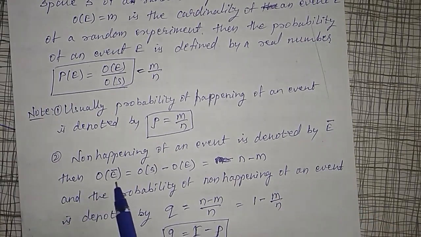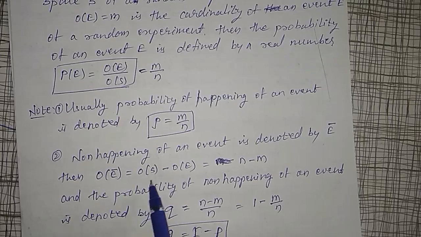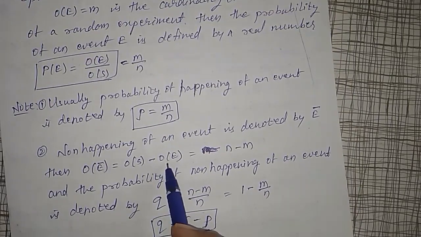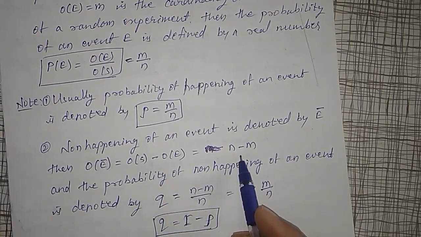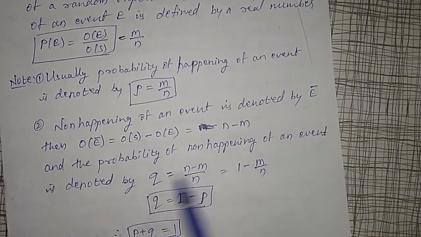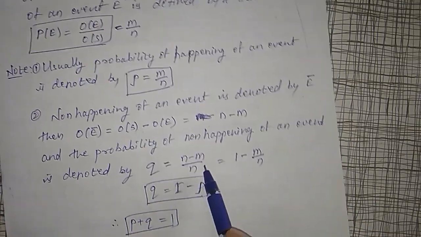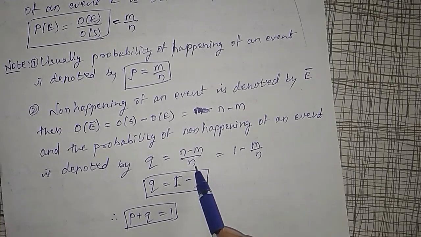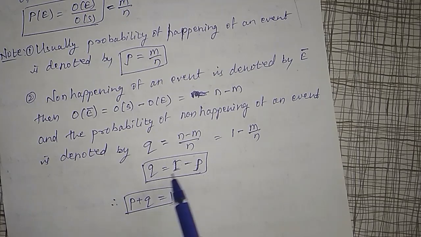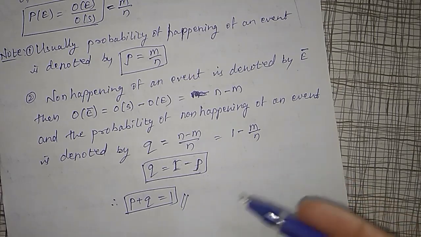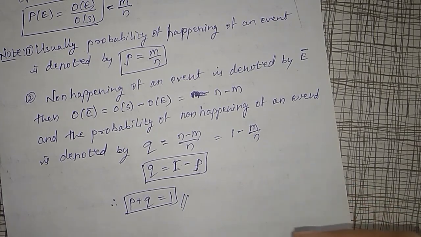Then order of E bar is equal to, we know that, order of S minus order of E, that is n minus m. And the probability of non-happening of an event is usually denoted by q, that is n minus m divided by n, that is 1 minus p. Therefore q is equal to 1 minus p, therefore p plus q is equal to 1. This thing I am going to use further in the next explanation.